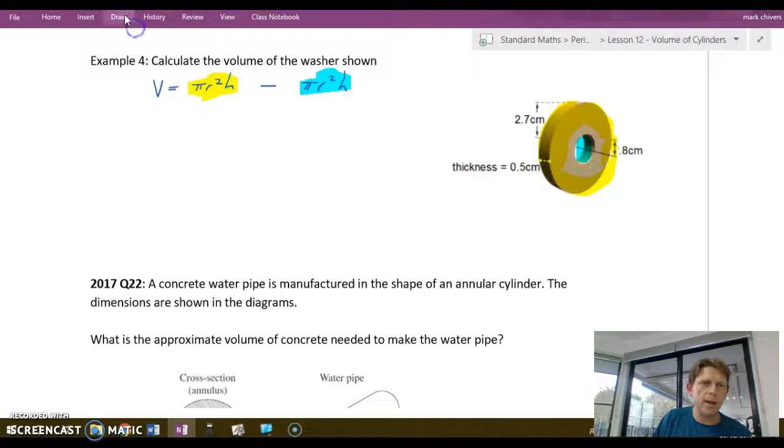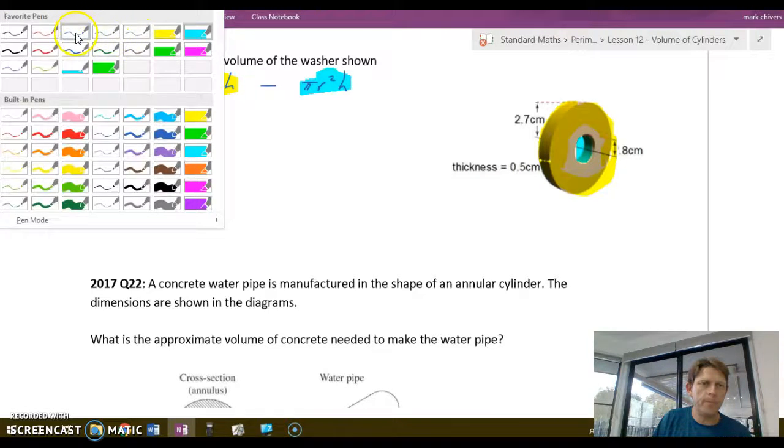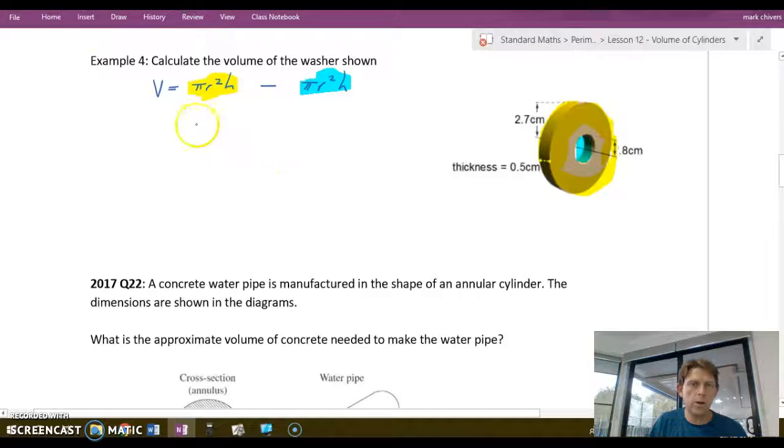So if I go back now, and I choose my pen. Okay, so just checking first, are we all in centimetres? Yes, we are all in centimetres. All right. So our height for both of these cylinders is going to be the same. All that's actually going to change in both these cases is our radius.